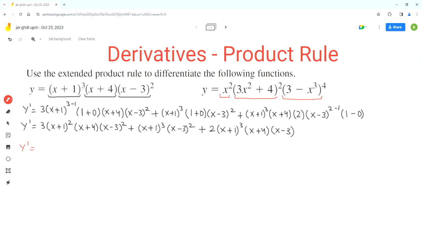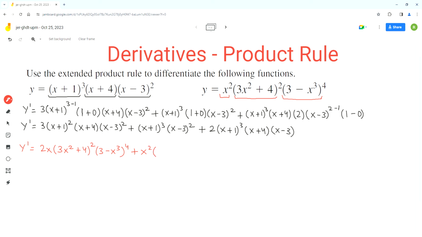So y prime equals, the derivative of the first function, that will be 2x, times the second function, times the third function, plus, now we'll keep the first function the same, times the derivative of the second function.